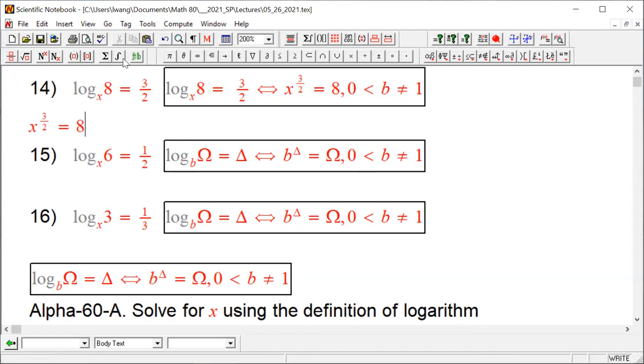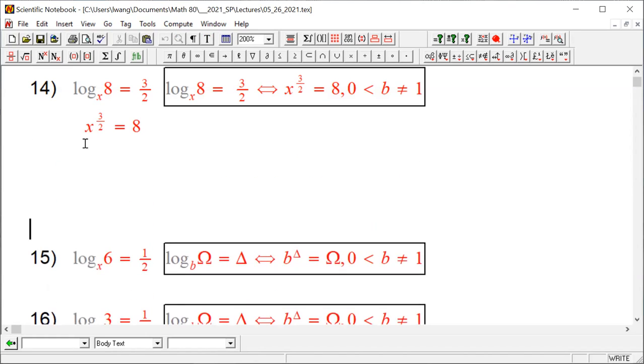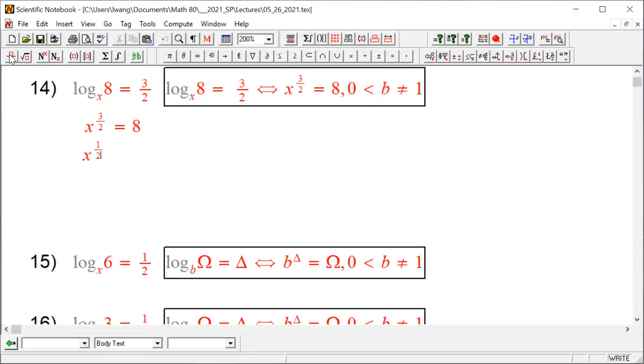So that's the next step, using definition. And then what do we do? What is this? This is actually, if you rewrite it, it's x raised to the power of 1/2 and then raised to the power of 3.